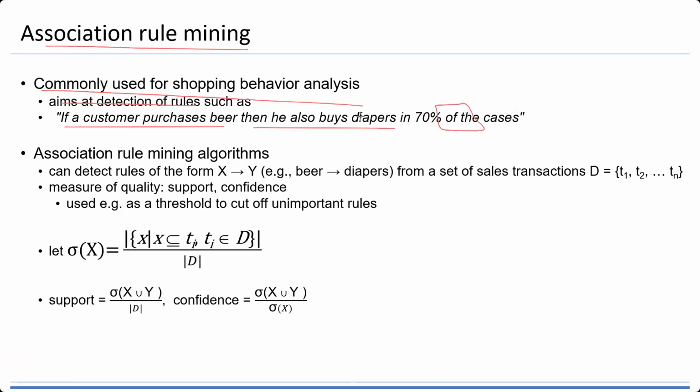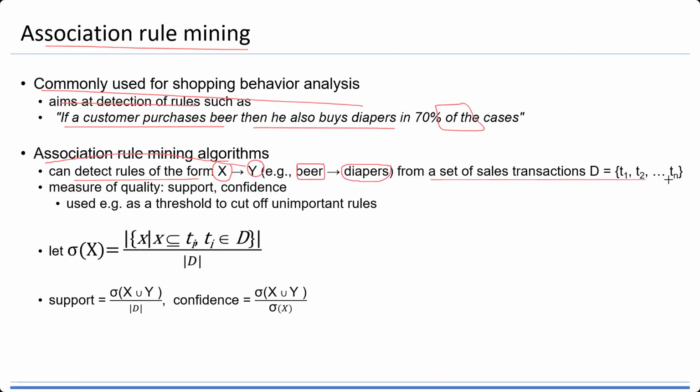What is the support and what is the confidence? You already know the algorithm of association rules means we want to detect some associations between items. Let's say X is an item, Y is another item. I want to know if someone buys beer, what is the probability, or what is the confidence, that he also buys diapers?